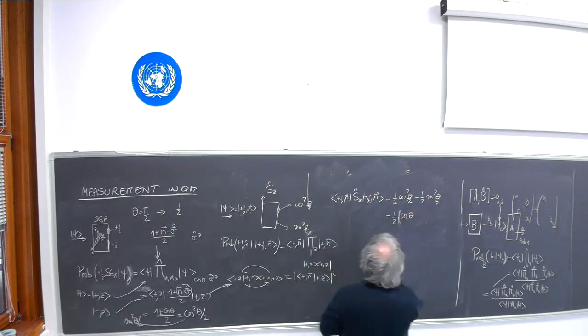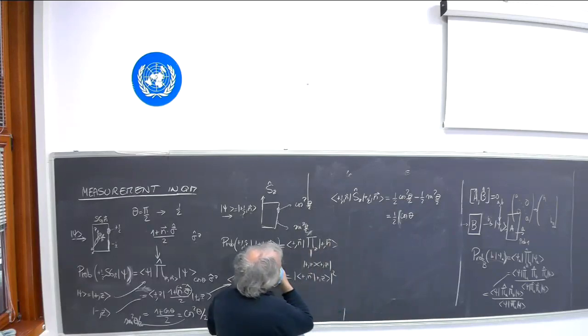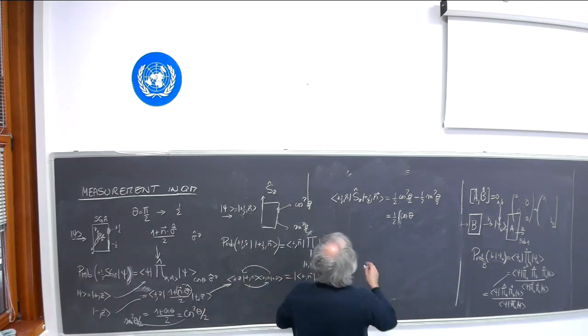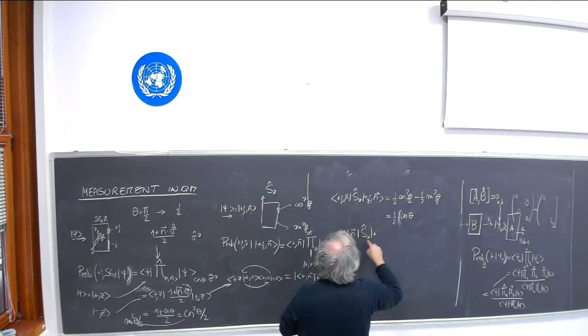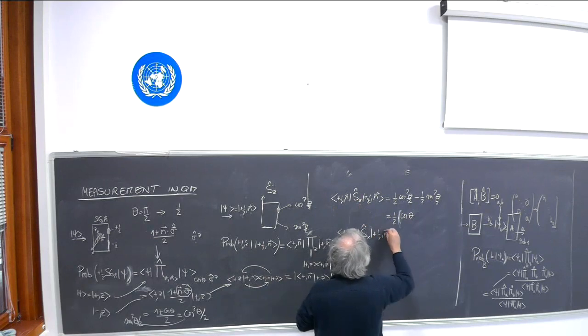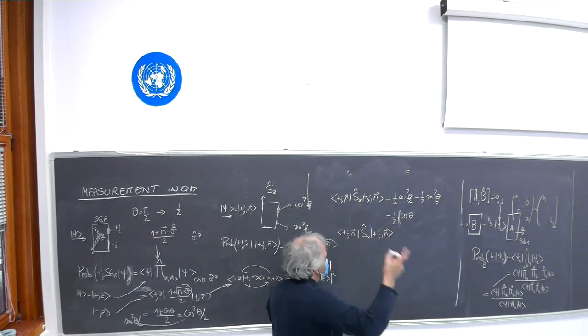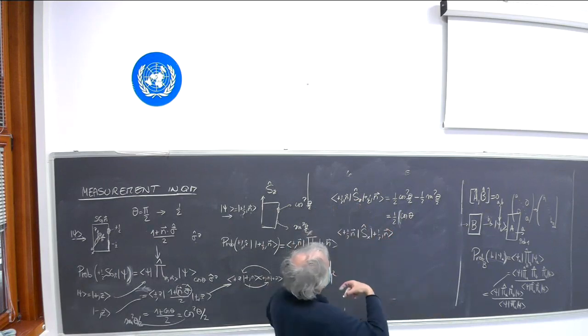Now you can verify the following striking thing. If I do the same construction and I try to calculate the average on plus 1/2 n, and I measure with a Stern-Gerlach filter along x rather than z, I do my measurements, probabilities of going plus and minus.